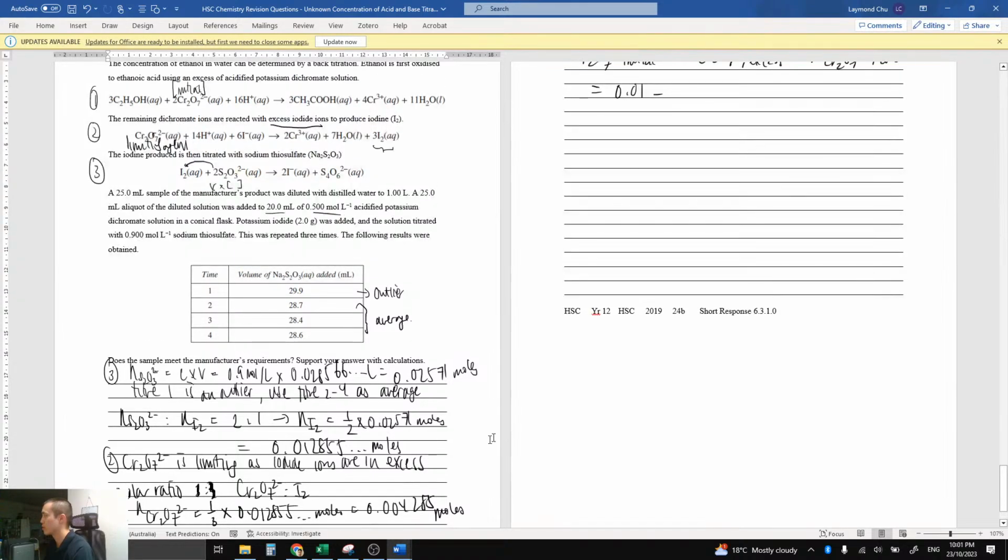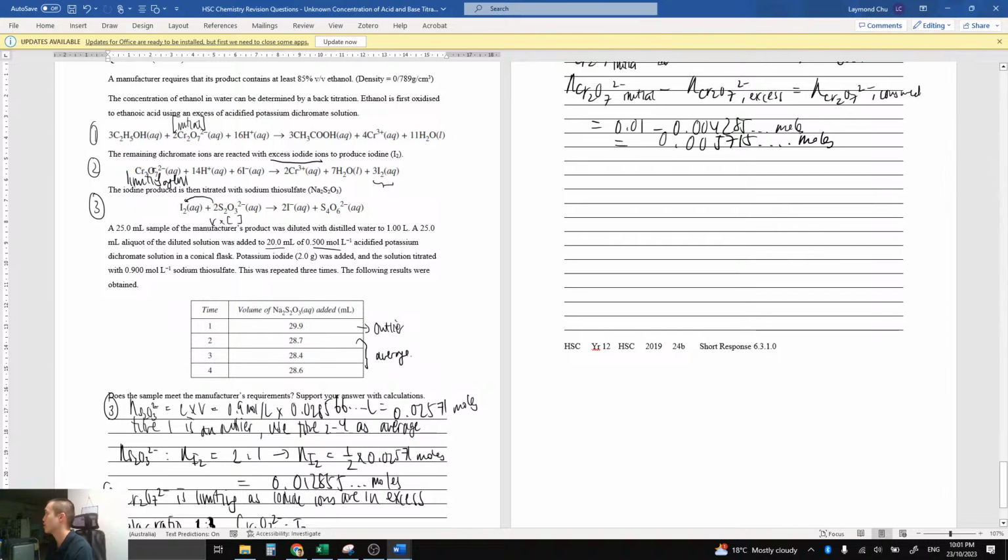Great, so that's equal to 0.1 minus that number, 0.004285 moles, which is equal to 0.00571 moles. Now we've got the moles of our consumed Cr2O7 2 minus, and then we do moles of C2H5OH over moles of Cr2O7 2 minus consumed.